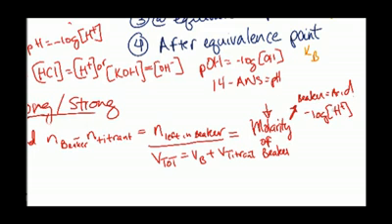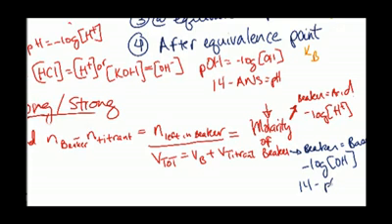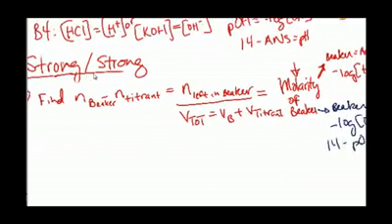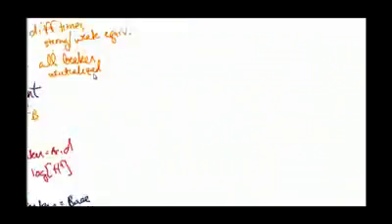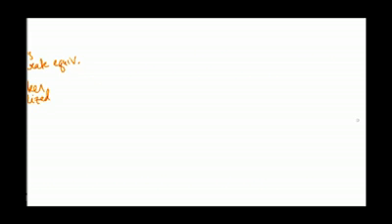Strong acid, like hydrochloric acid. But if the beaker is a base, then we have to do pOH and then do the 14 thing again. Okay? That's basically it for strong. For a weak-strong interaction, it's a little bit more complex.